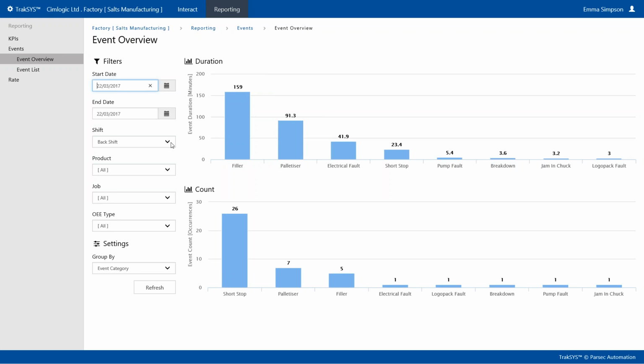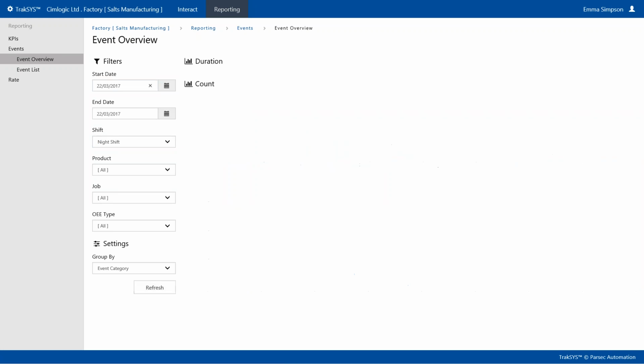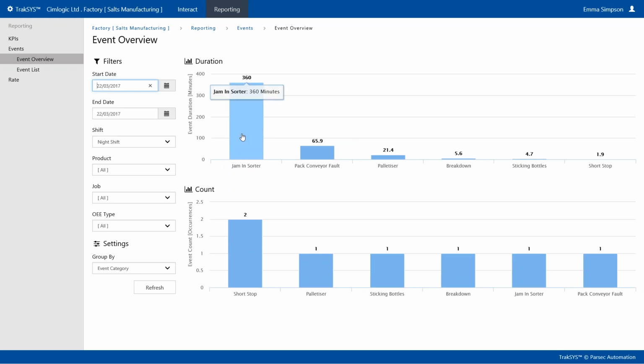Actually, let me see the last shift, but I wonder if there isn't a connection here. So jam in sorter, if you look at the frequency, we only have one stop for the jam in the sorter, but it took these 6 hours.